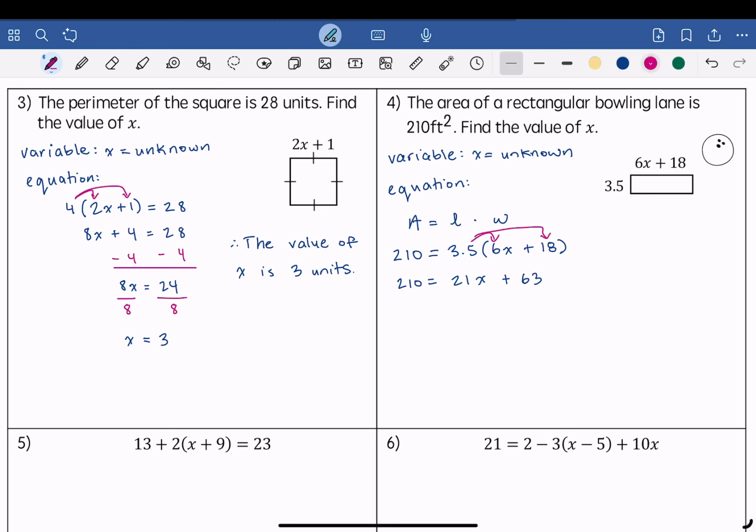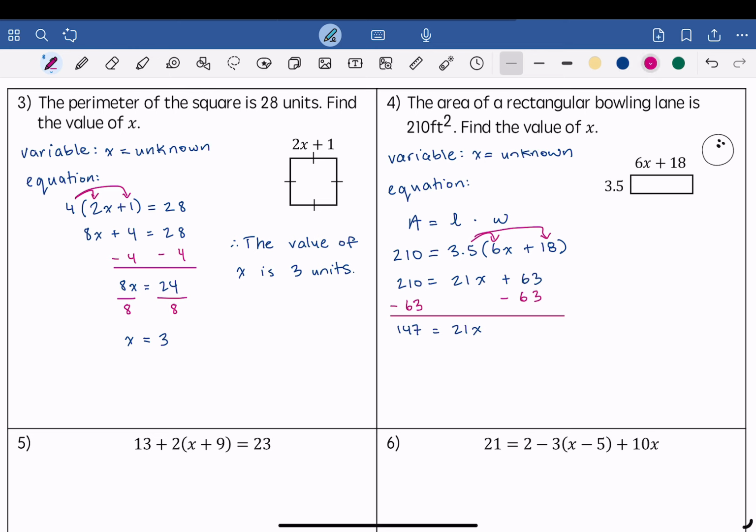So now I'm going to eliminate the 63 on the right side and as well on the left side. So 210 minus 63 is 147, which is equal to 21x.